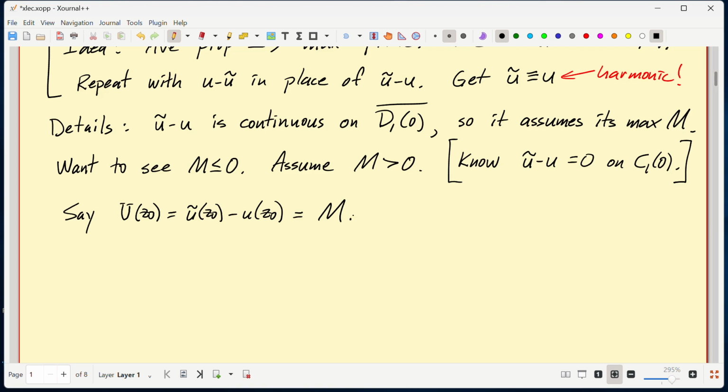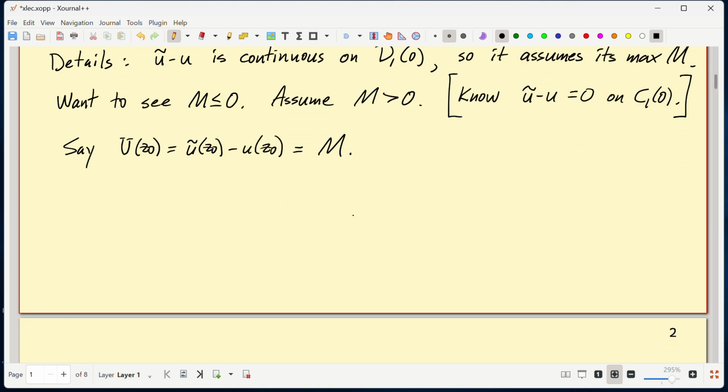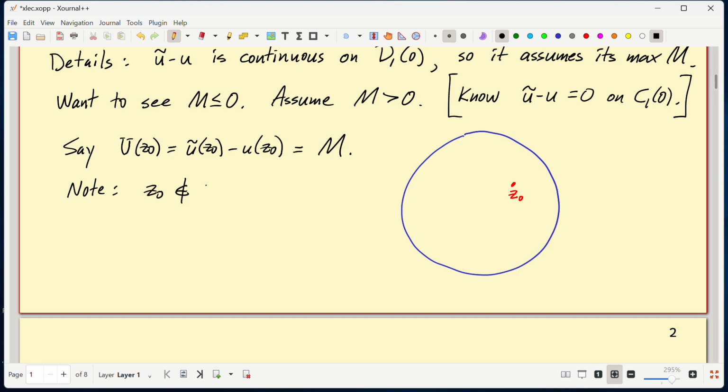Okay, now for the picture. Here's the unit disk, and here's z naught. The z naught can't be on the boundary because it's 0 there. So note, z naught is not in C1 of 0 because it's 0 there, and M, the max, is bigger than 0, we're assuming.